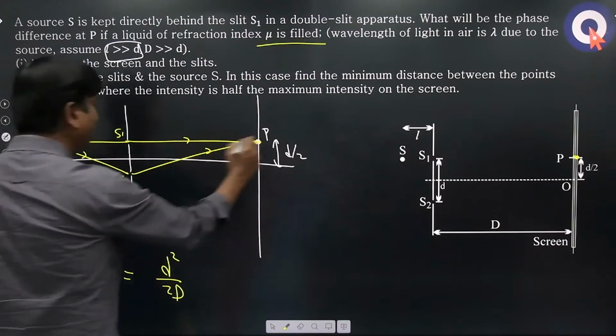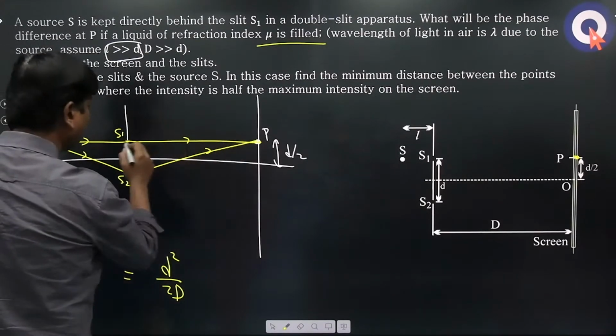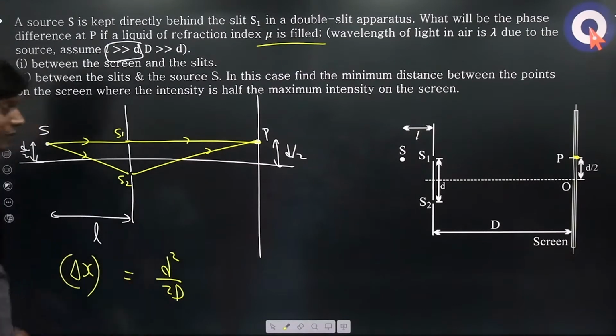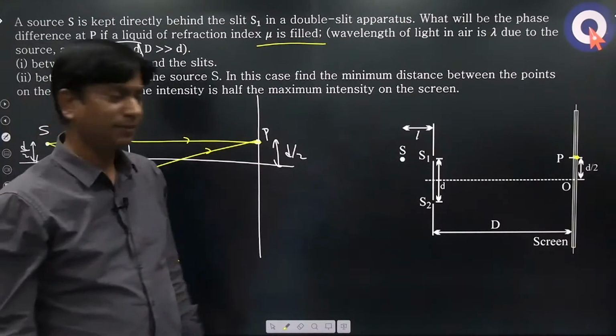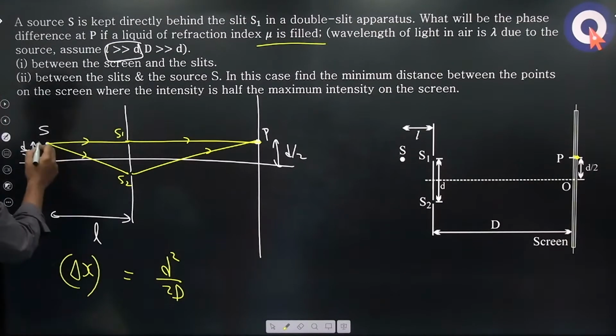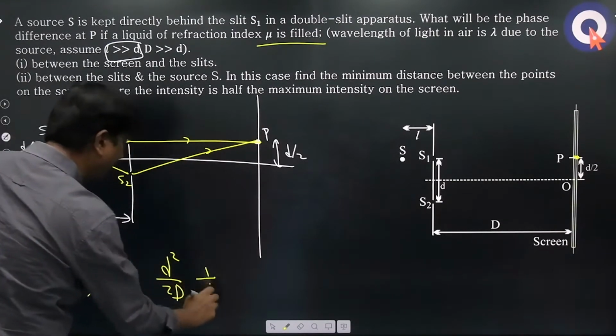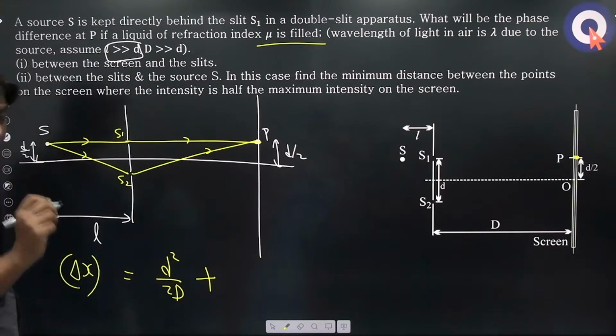And here, the normal YDSE, how do you approach? The path difference between S2P and S1P is d sin theta. D is this distance, and this is longer, and here also this is longer, so that is why the net path difference will be plus. You have to be very careful.